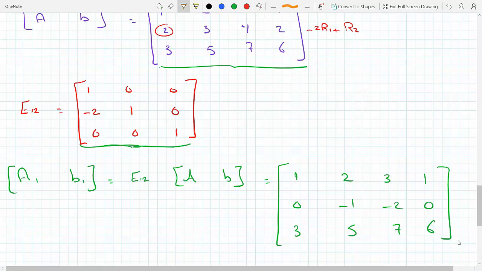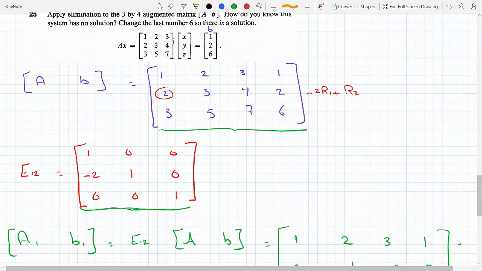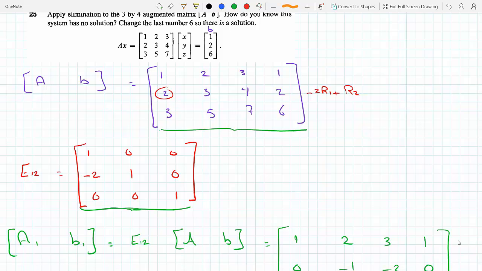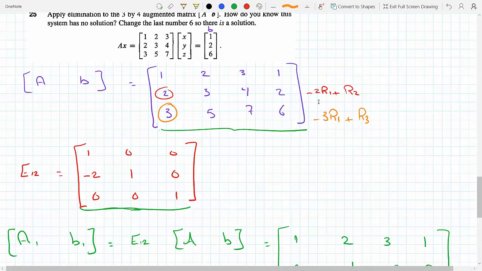So for the second elimination step, I will do on the augmented matrix negative 3 times row 1 plus row 3, because this will get me a 0 here. Negative 3 plus 3 is 0. So I will operate with that on the identity matrix.